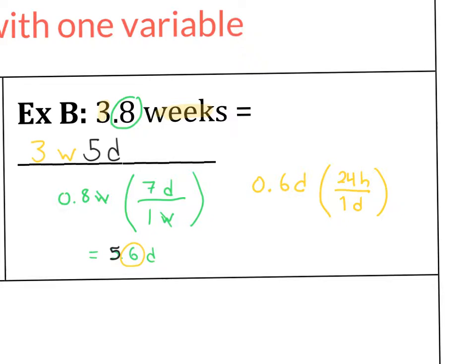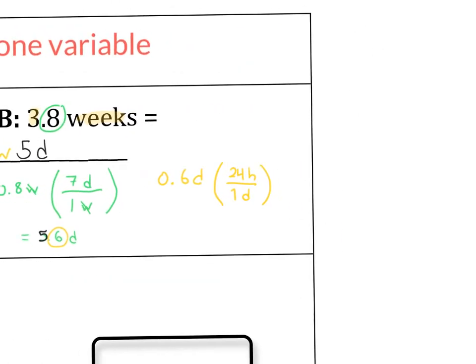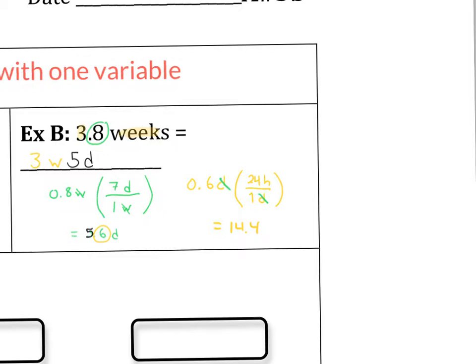Now, I'm writing all this out so you can see it, but when you do the algorithm with your calculator, you actually don't need to do all this crazy work. Again, we're writing it out so that next time you check your notes, you can see where it comes from. So, again, the days will reduce here, and 0.6 times 24 will give me 14.4 hours. So I write the 14 down with the hours.